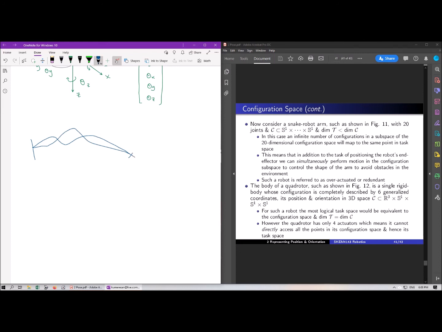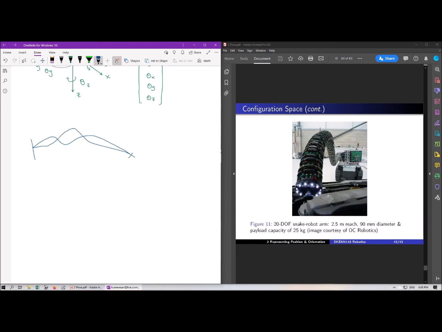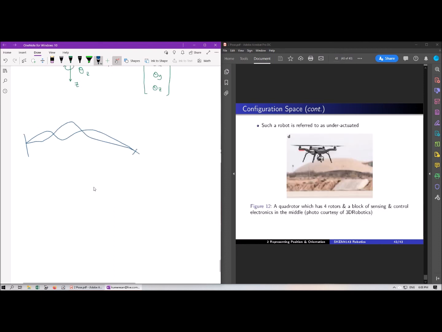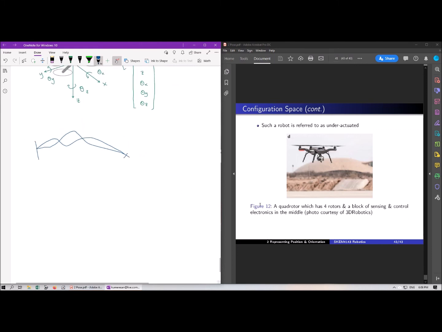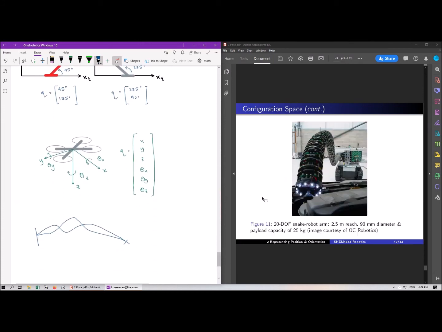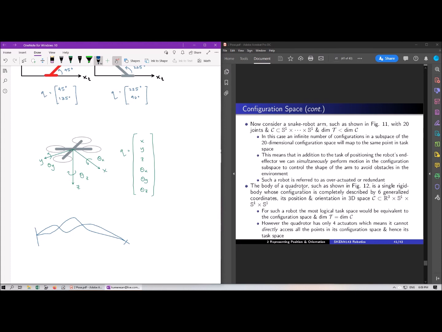Now the body of a quad rotor, such as shown in figure 12, this is a quad rotor which has 4 rotors. It's a single rigid body whose configuration is completely described by 6 generalized coordinates. So you can imagine this is Q1, Q2 up to Q6.